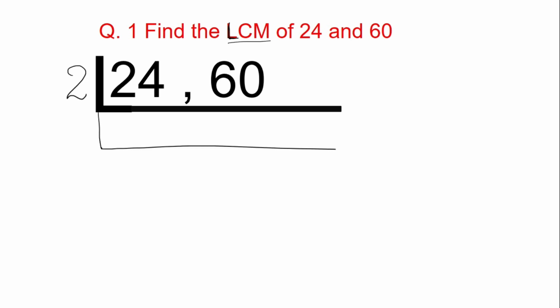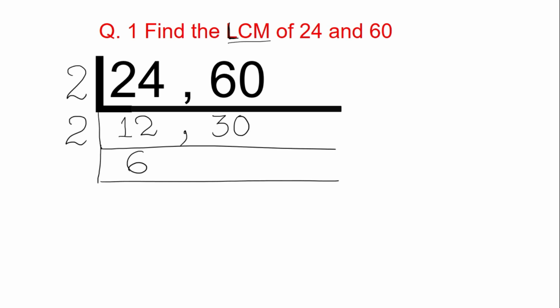In 2's table, 24 goes 12 times. 2 times 30 gives you 60. 12 and 30, both are even, so I'll again take 2. 2 sixes give you 12, and 2 fifteens give you 30. 6 and 15, I'll take 3 here because 6 and 15 are both divisible by 3.